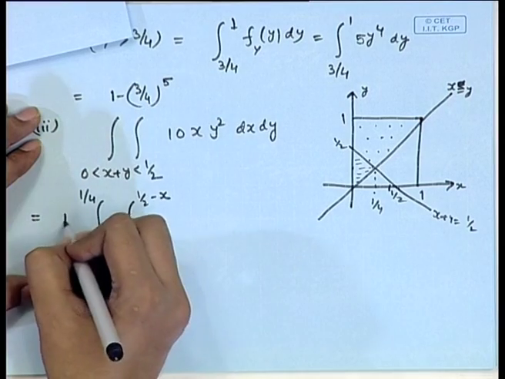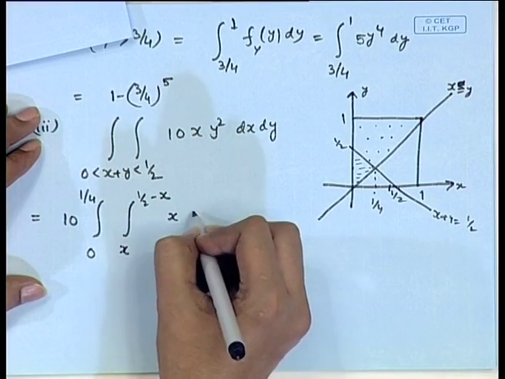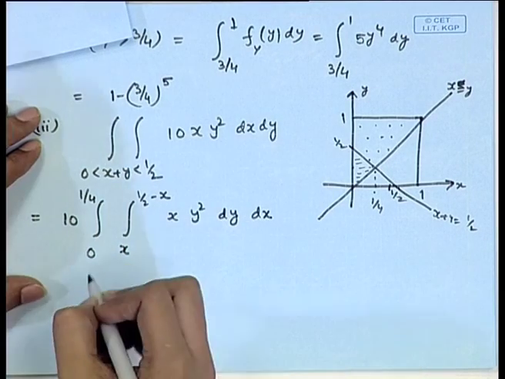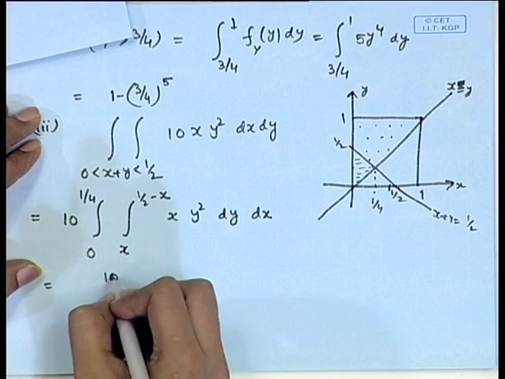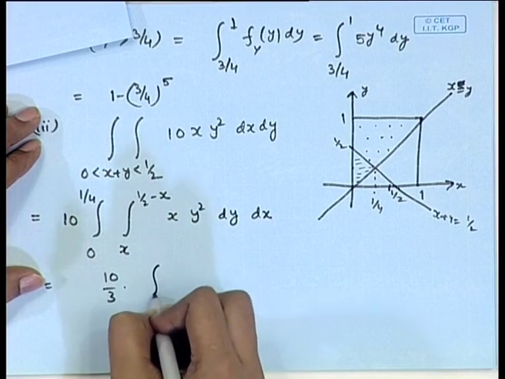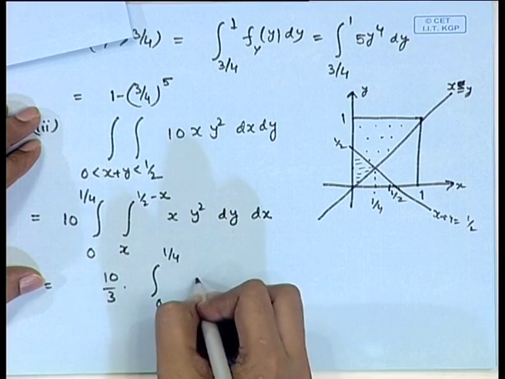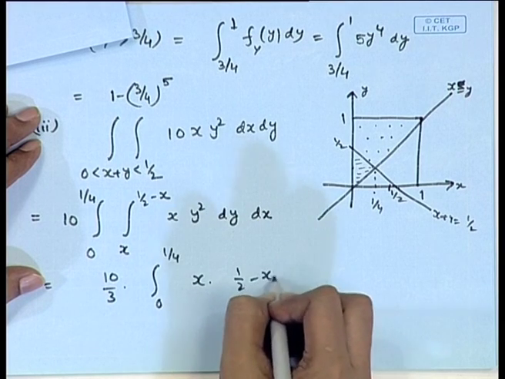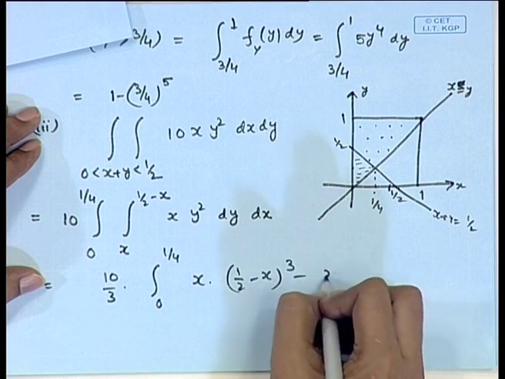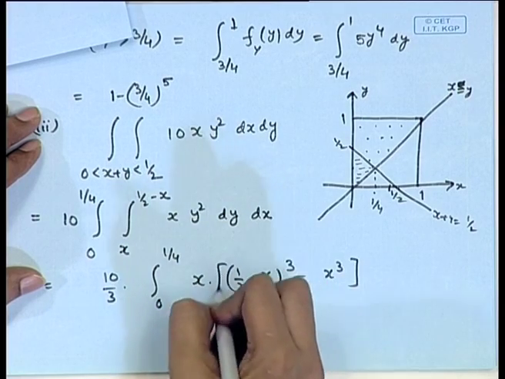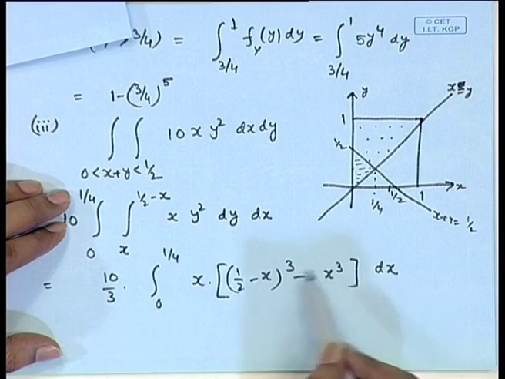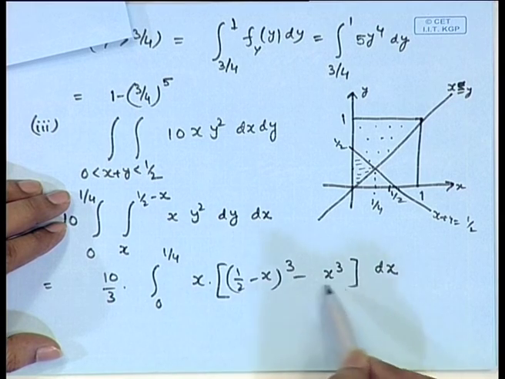So, this is 10 x y square dy dx. So, this is 10 by 3, 0 to 1 by 4, x. Now, this is y cube, so it is half minus x cube minus x cube. This is a simple integral and one may be able to evaluate this quickly.